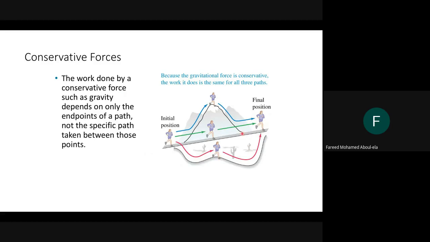If the beginning point and the end point are the same, then whatever the path in between, the work done by the force is the same. And this is true with the gravity force and with the spring force, or the elastic force.